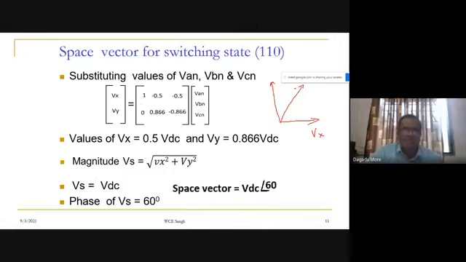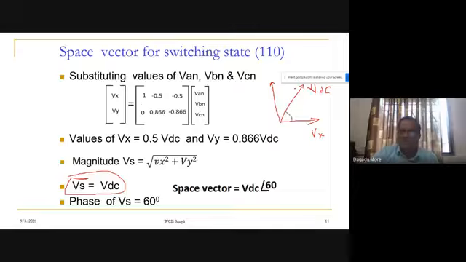So the magnitude of the space vector will be how much? It comes as VDC. VDC is the magnitude of this space vector. The magnitude will be equal to VDC for this particular space vector. And what is the angle, theta?